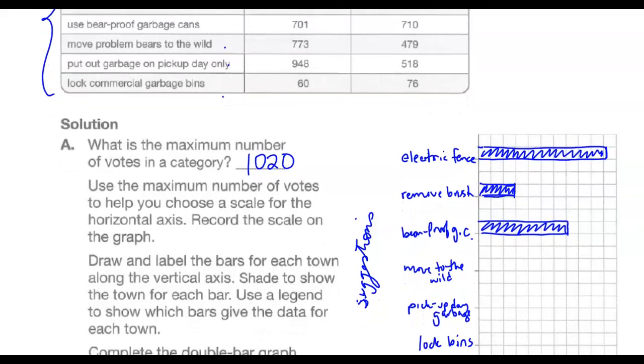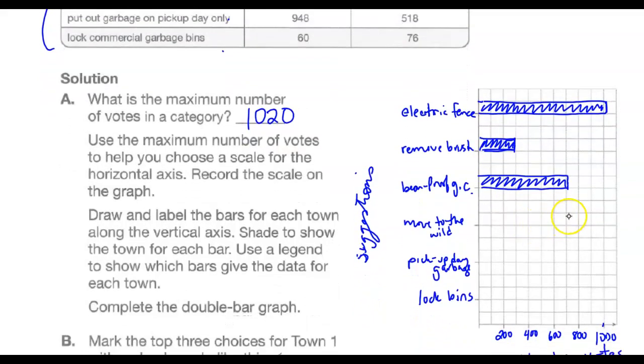Then move problem bears to the wild, 773. So 3/4 of the way basically to 800. Put garbage out on pickup day, 948. So basically halfway between 900 and 1,000.